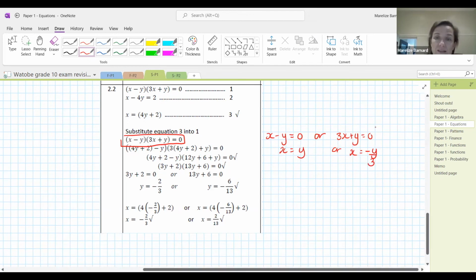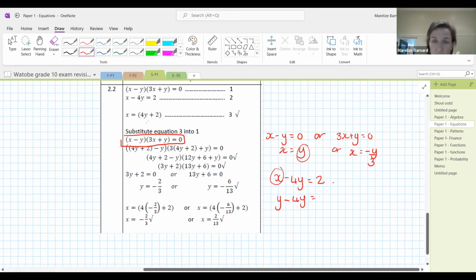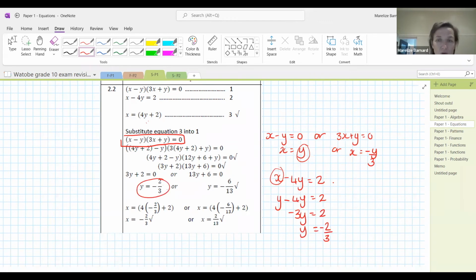You then take those two answers for x and substitute into the equation x minus 4y is equal to 2. Replace x with y, because x is equal to y, and we get minus 3y is equal to 2, and then y is negative 2 over 3, which is the same as what we got over there.